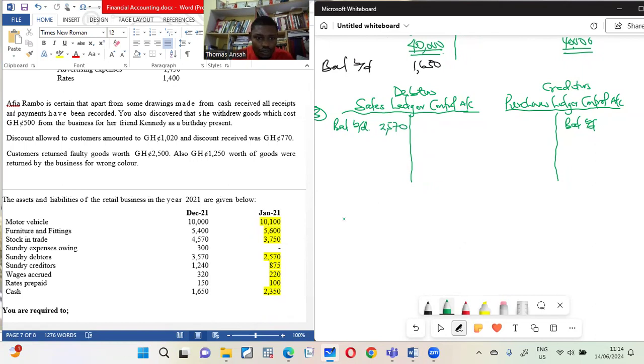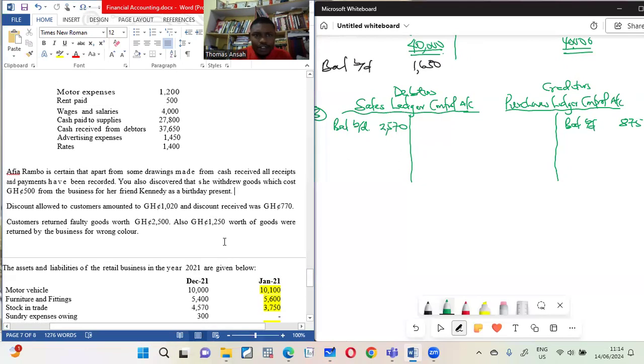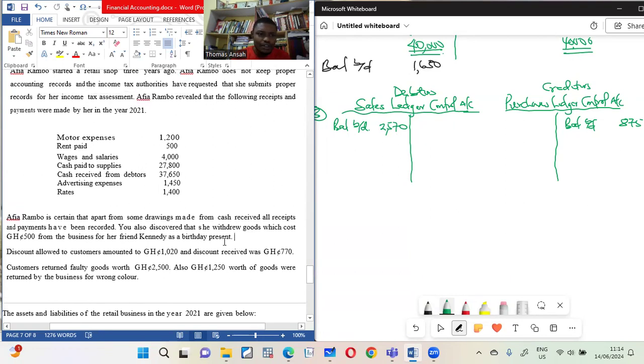Then the creditors, what do we have? 875, right? All right. What are the things that will reduce our debtors figure? Of course, you should have certain things like returns, discount allowed, bad debts, cash receipts. All right. So right here, we know we received money from our debtors. So receipts.